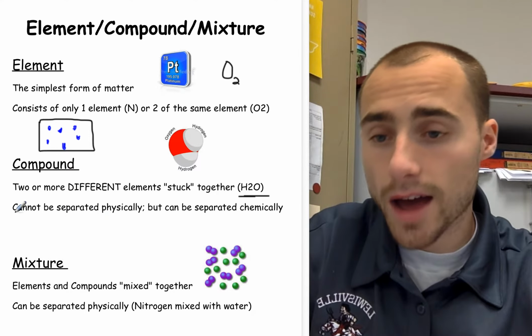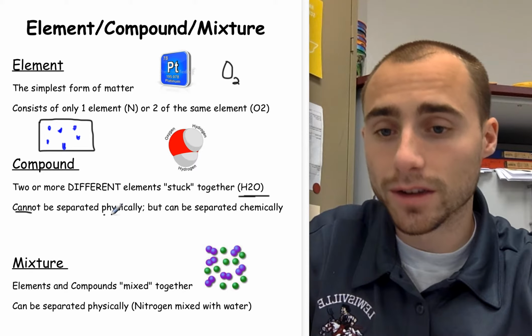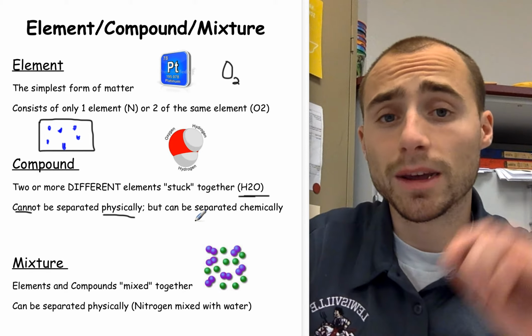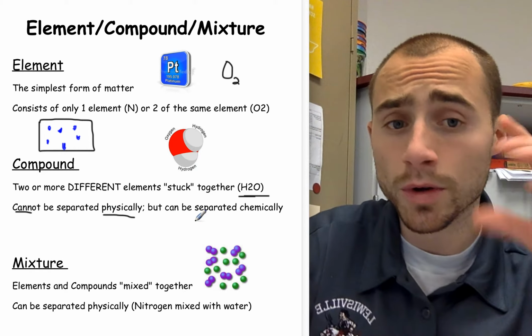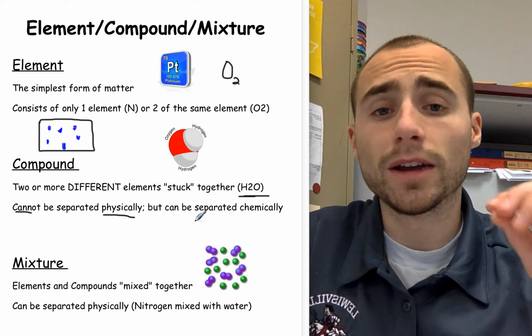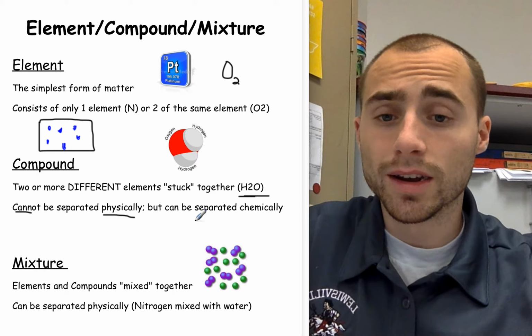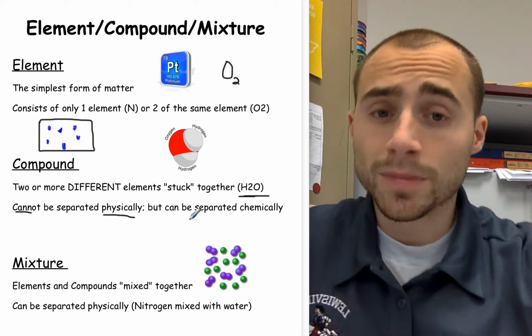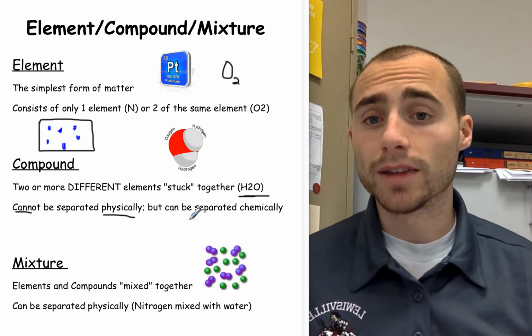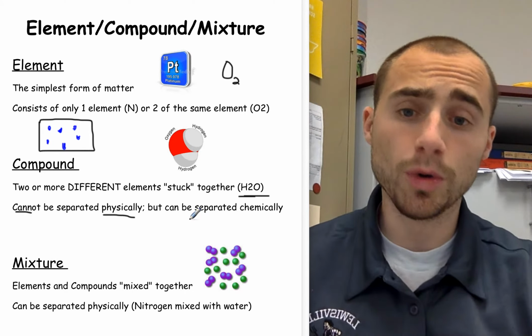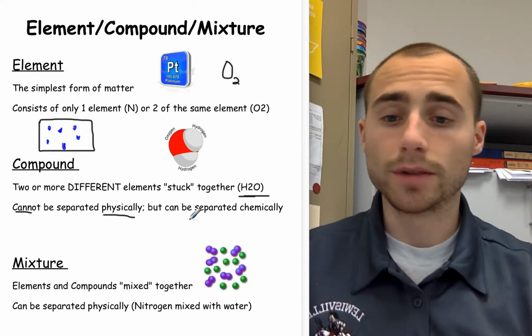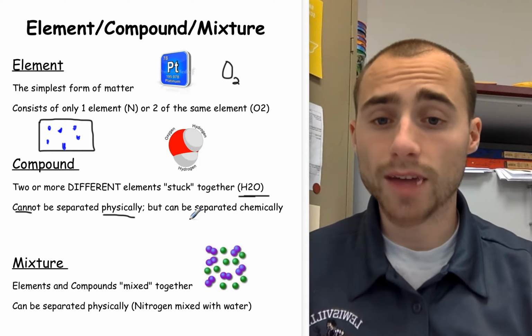These cannot be separated physically. Absolutely cannot be separated physically. By physically, I mean you could not physically separate the hydrogen and oxygen in water. But they can be separated chemically. So you can actually chemically go through and separate compounds. So that is a compound.